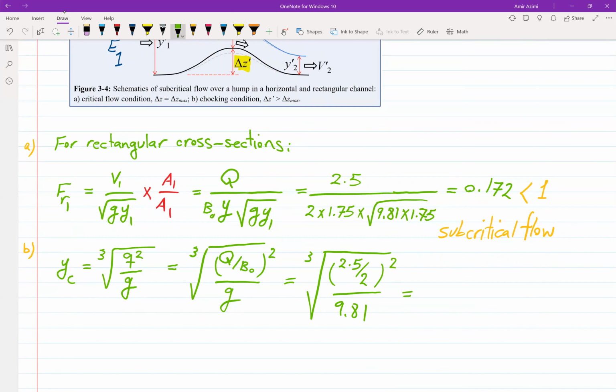And this gives you the value of YC equal to 0.542 meter.